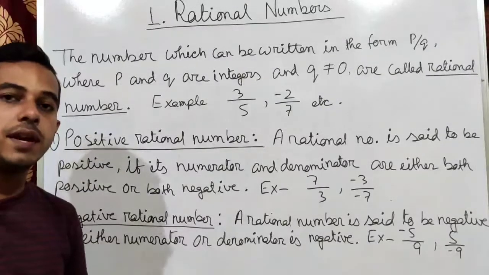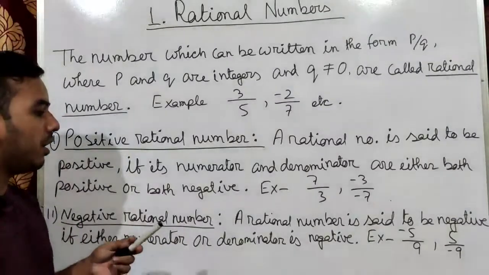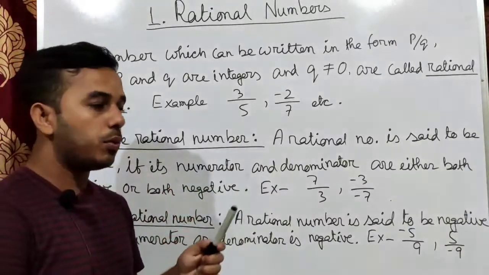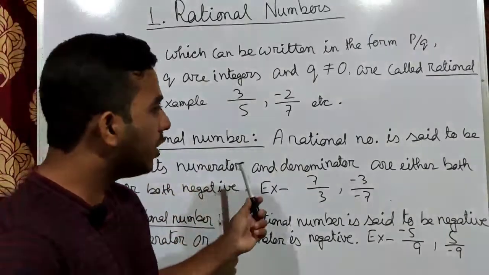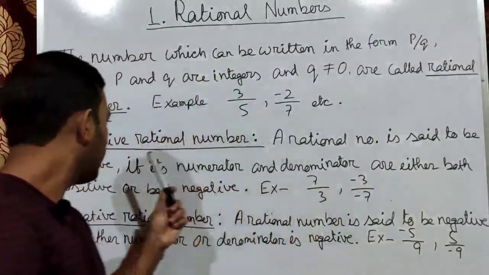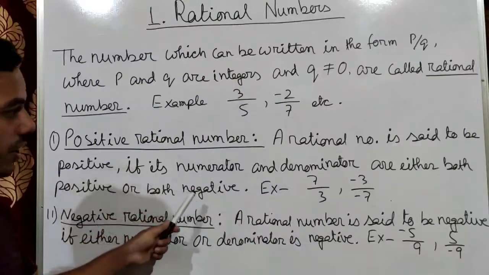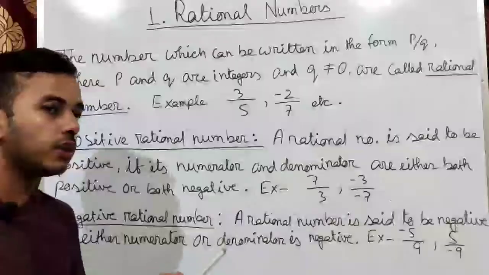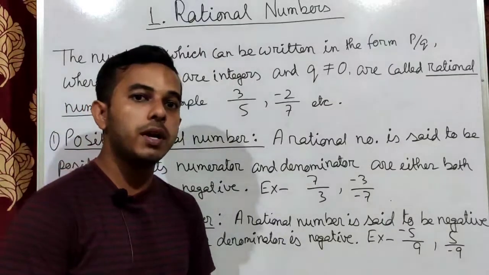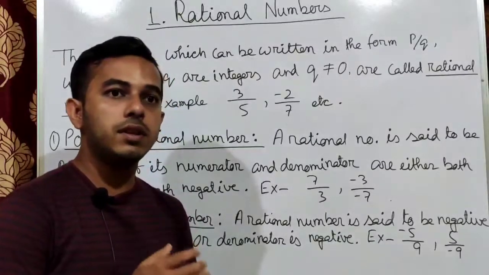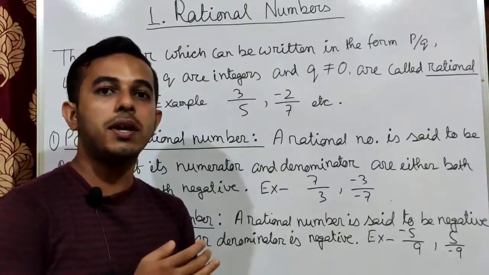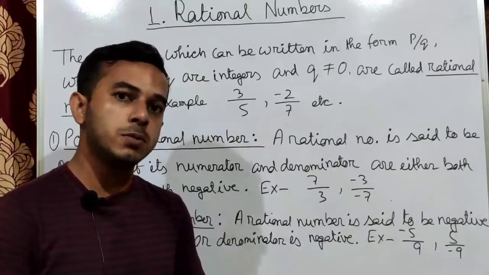Now there are different types of rational number. One is positive rational number. What is positive rational number? A rational number is said to be positive if its numerator and denominator are either both positive or both negative. That means if the numerator is positive, then the denominator must be positive. If the numerator is negative, then the denominator must be negative.